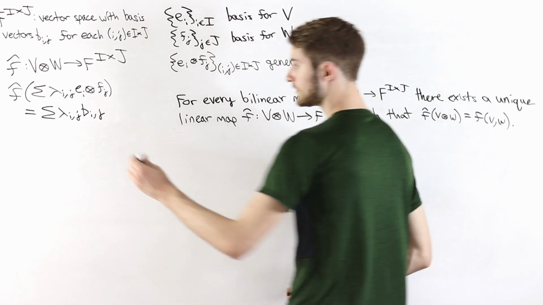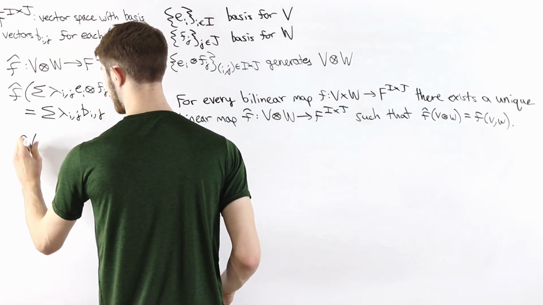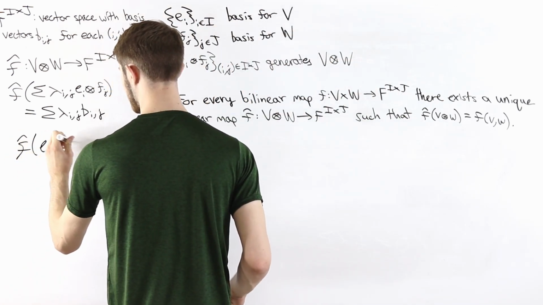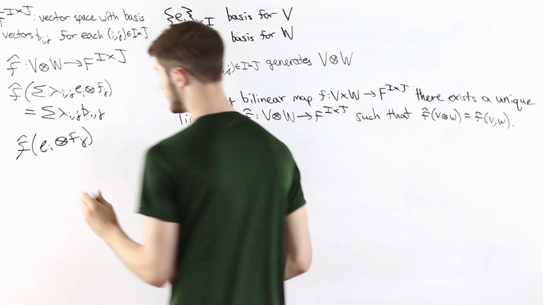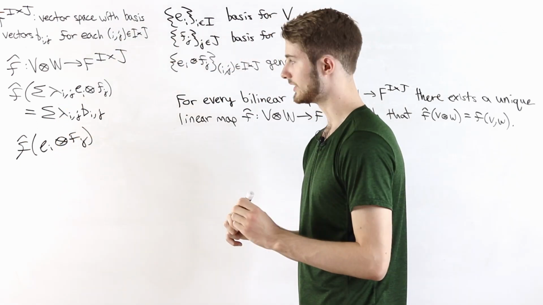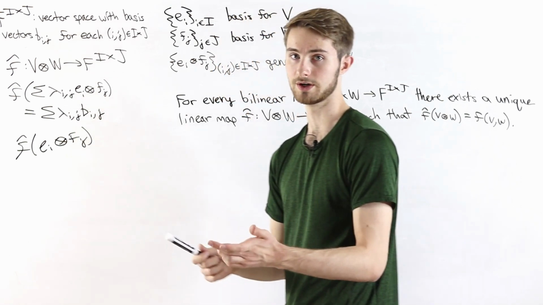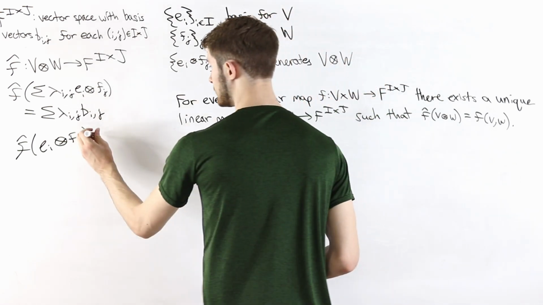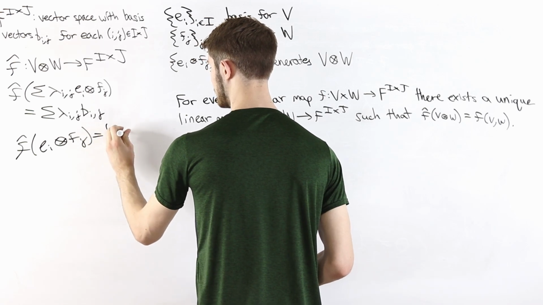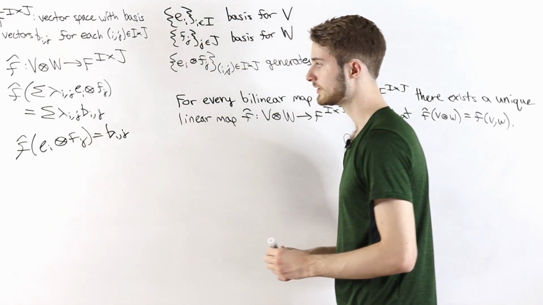So let's think about what we want for f hat of ei tensor fj. Well, that's the same as this sum right here, except that we're just looking at a single term and the coefficient is 1. So what we want f hat to equal in that case is just b sub i, j.